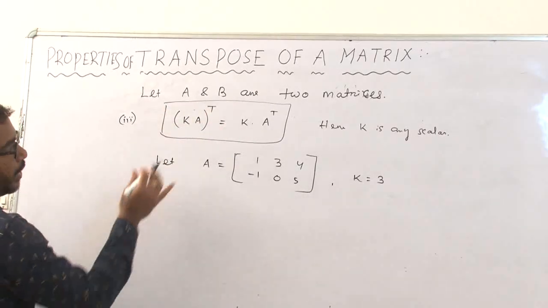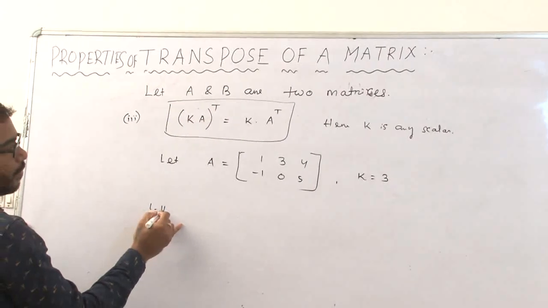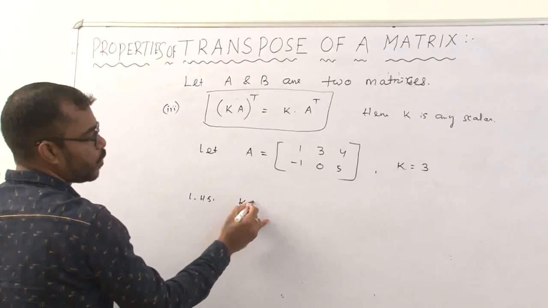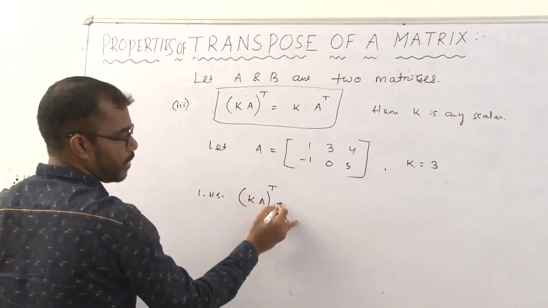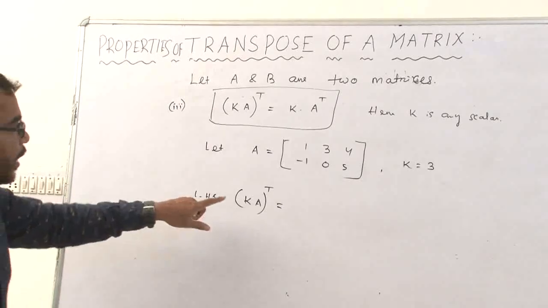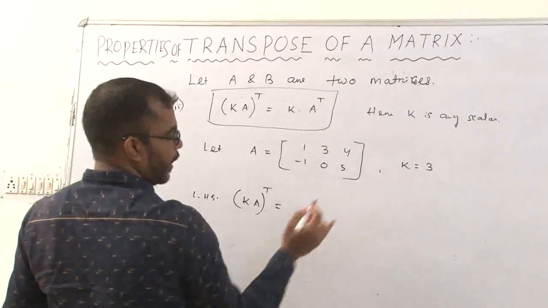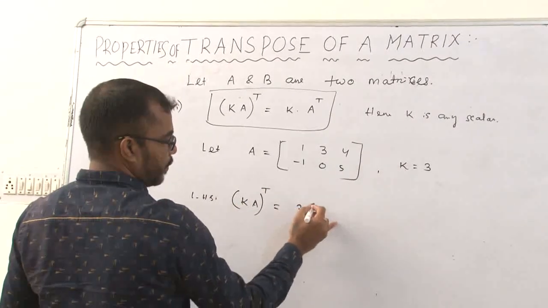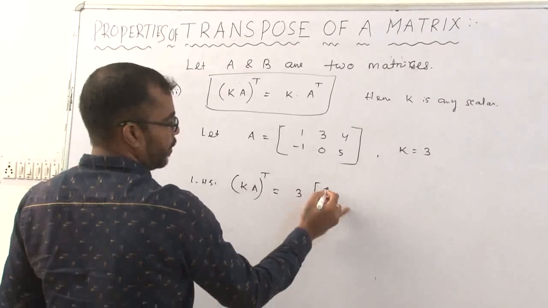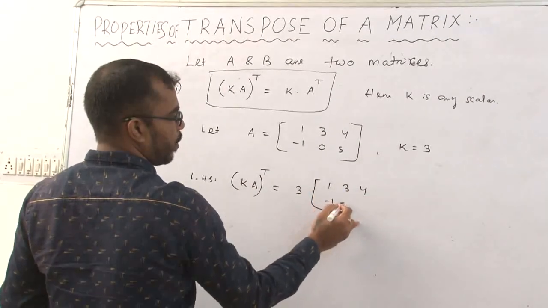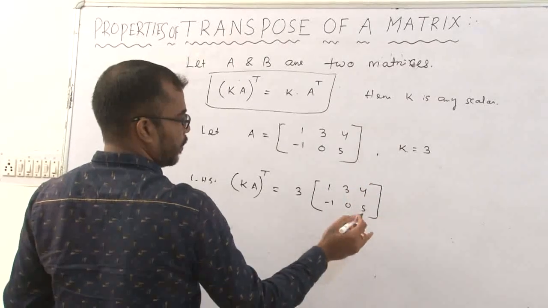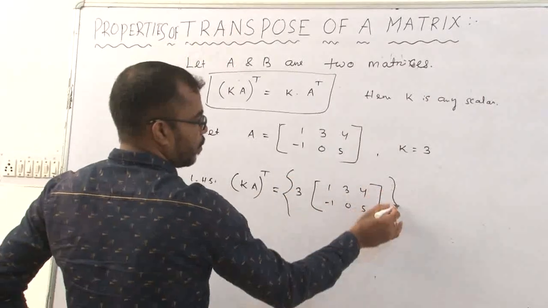Now the left side of this property is K into A whole to the transpose. So we can write K, the value of K is 3, into the matrix A, 1, 3, 4, minus 1, 0, 5, whole to the transpose.